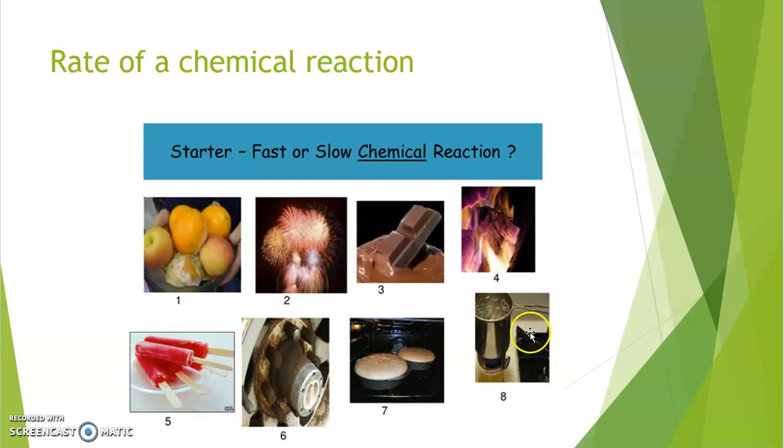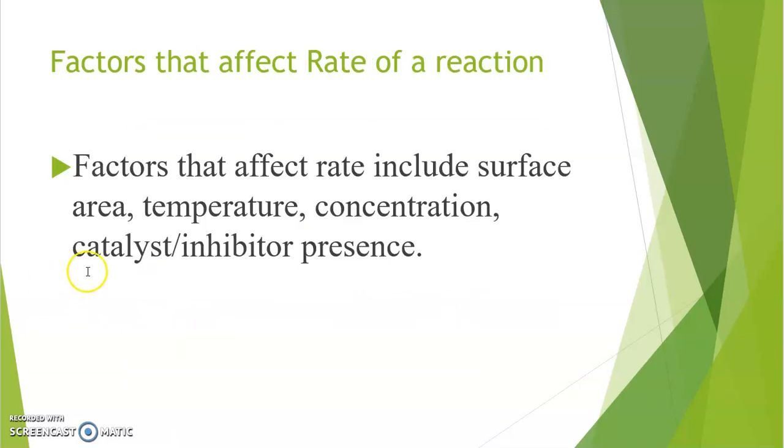Boiling, also it's fast. Melting of ice or candies, this is fast. Rotting is slow, takes time. So whatever the case, you have differences between fast and slow chemical reactions.